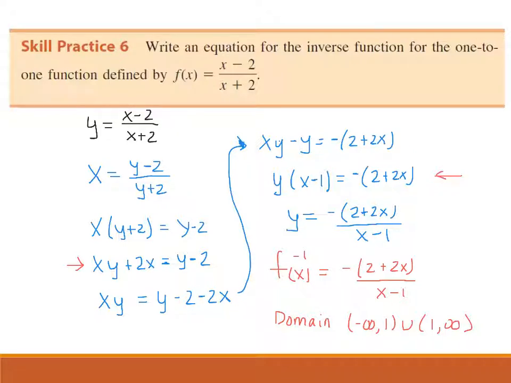Now I can take out the y from both terms on the left-hand side, and we get y(x minus 1) equals negative 2 plus 2x. And now I can divide both sides of the equation by x minus 1, and that gives us the inverse function right there. And we can see that the domain of the inverse function is negative infinity to 1, union 1 to infinity.